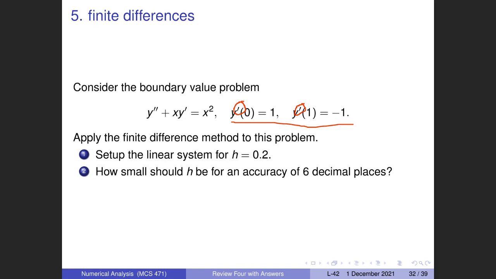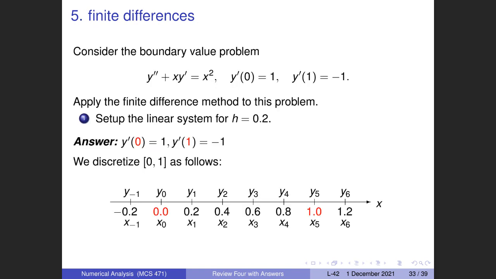So in setting up the linear system, one has to determine first what are the unknowns. So it's very important that what you have in mind is the discretization. So you can draw that line in your answer, but it's important to get the dimensions straight. So we have the spacing between the points.